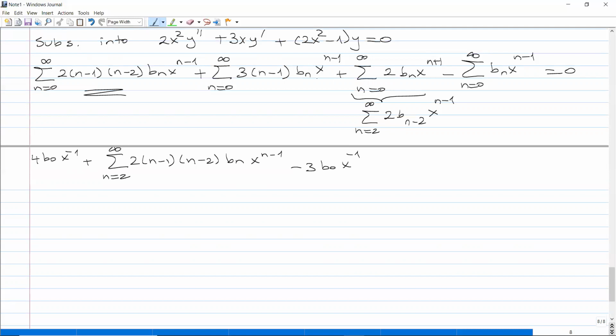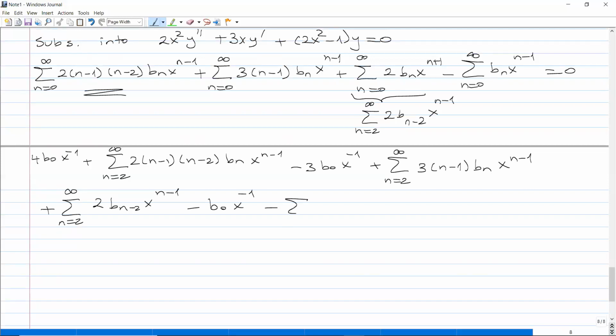For n equals 1, again, the term is 0, and the rest, n starts from 2. And then the next one, n already starts from 2. And for the last one, if I take n equals 0, I have b0 x to the power minus 1, and the rest, n starts from 2.